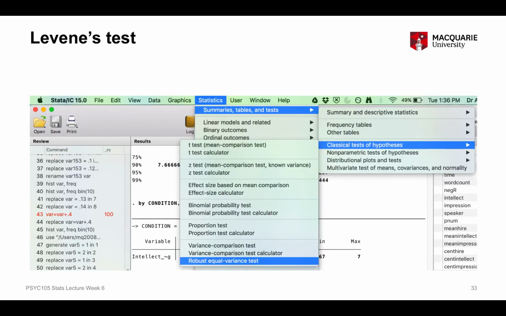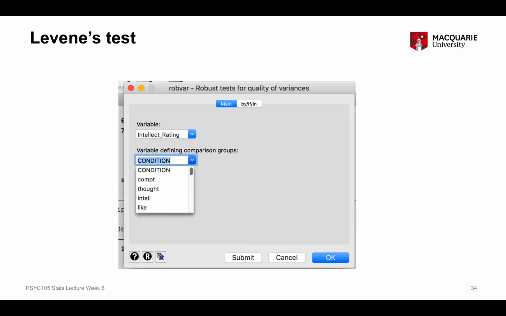So how we can get started to do Levene's test, if we're using the menu system, we go up to Statistics, Summaries, tables and tests, Classical tests of hypotheses, and then the one down the bottom here, which is the Robust equal variance test. That's where Levene's test is located. And that brings up this menu, and the variable that we select at the top here is our dependent variable, our numeric variable, which here is intellect rating.